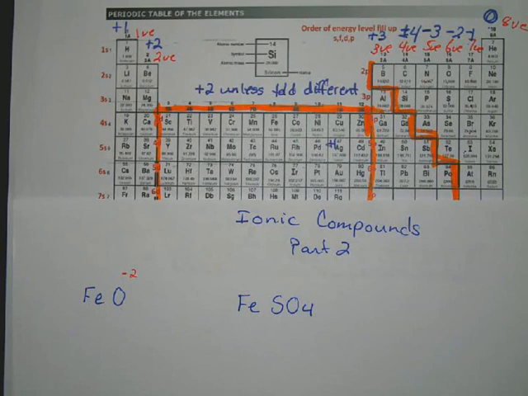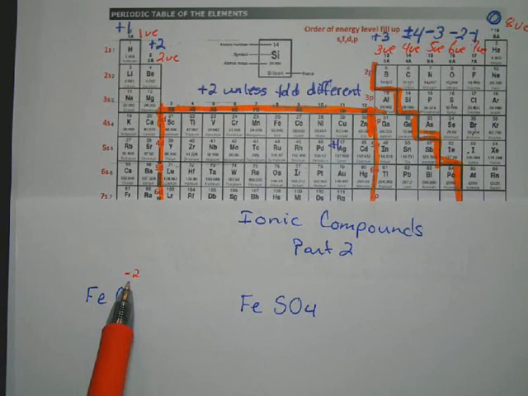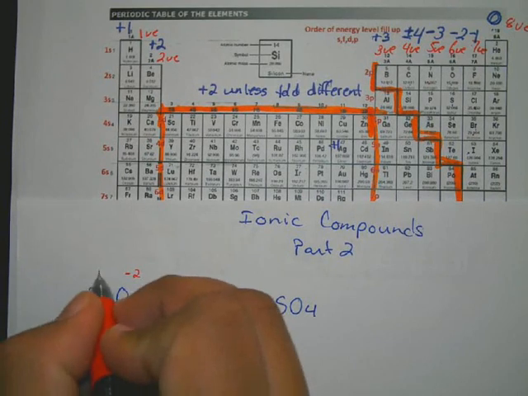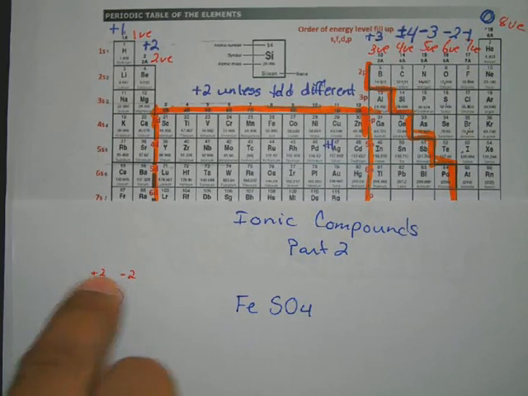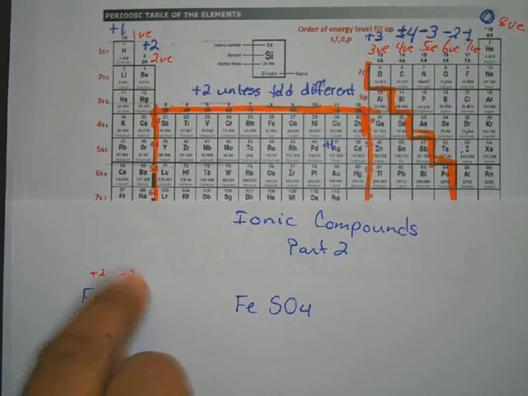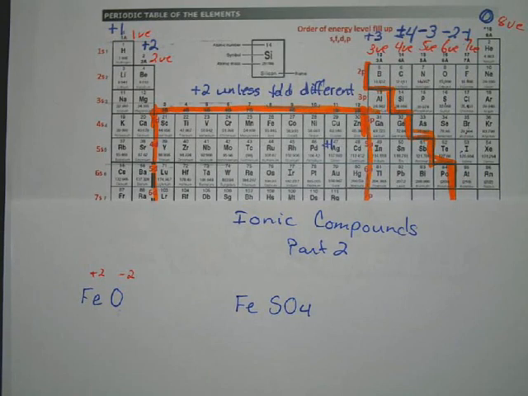A -2, right? What's the only thing that can cancel out a -2? Only a +2 can cancel out a -2, right? So what happened was, iron had a +2, oxygen had a -2, and they canceled each other out, right? They canceled each other out. Therefore, we see this as just FeO.